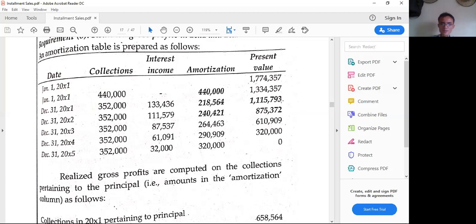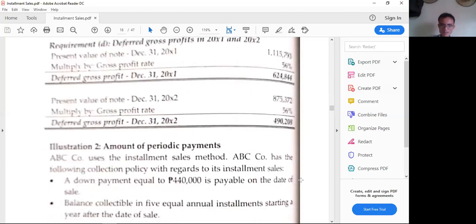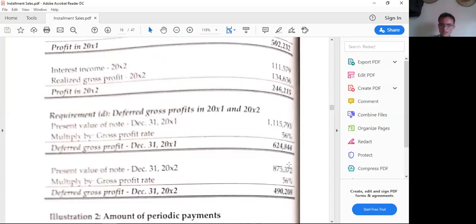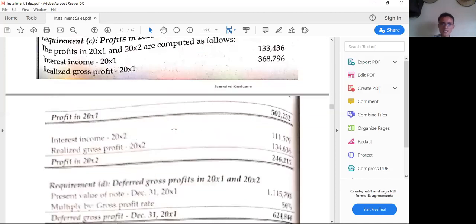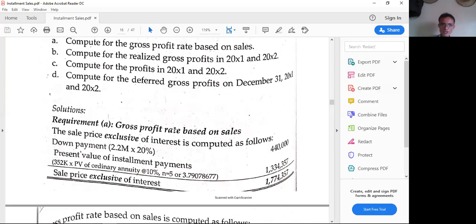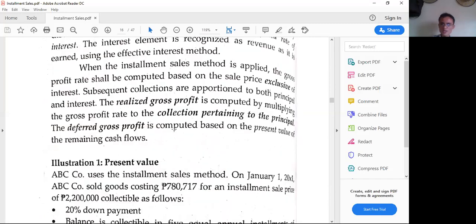So we can simply multiply these amounts by the rate so that we will get the deferred gross profit. So let's check. Okay, so 1 million plus and 800 plus multiplied respectively by 56% to get the deferred gross profit balances. So that's it for our illustration one, present value.